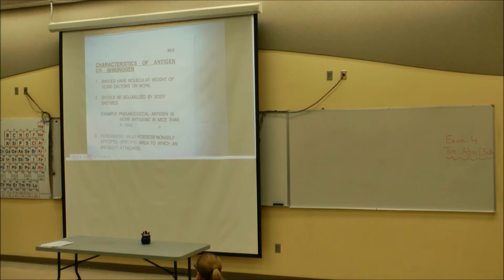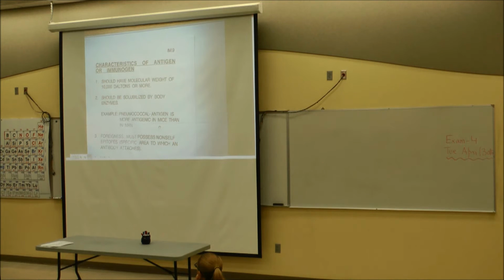Your body must be able to process it. If it cannot process it, it will not produce any antibodies. Here's a good example. If you take a bacterium called pneumococci, pneumococcal antigen, and inject it in an adult human and a little mouse, the little mouse is going to produce much higher antibody titer than an adult human. Why?